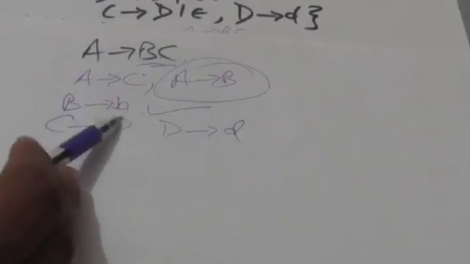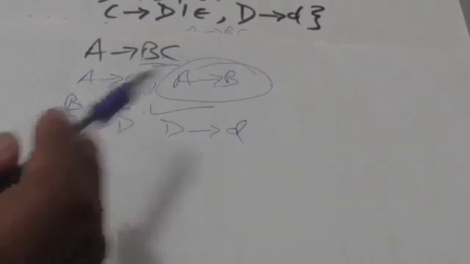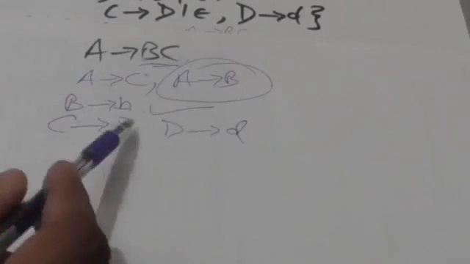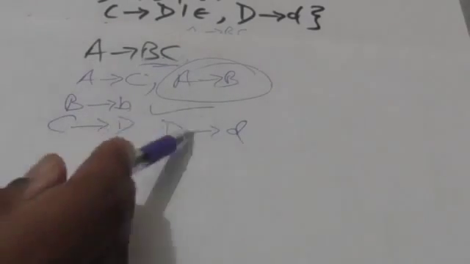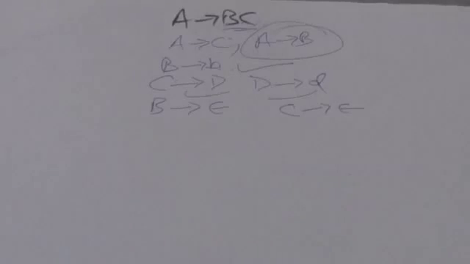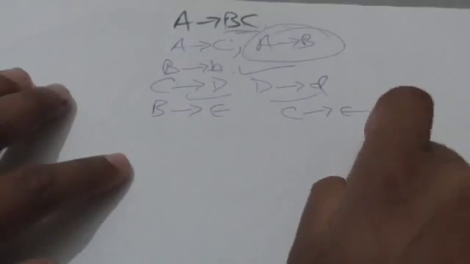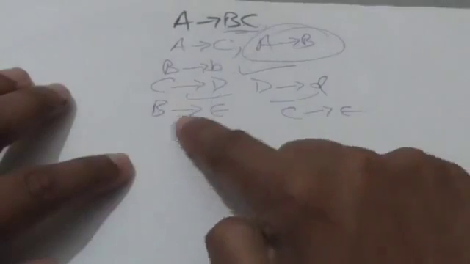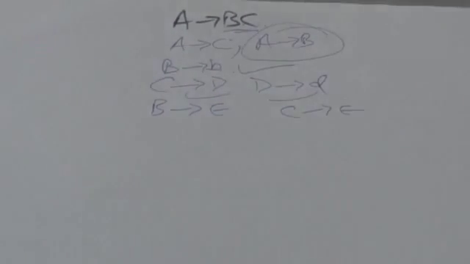These two productions do not have any nullable variable at the right hand side of them, so they will be added as it is to the set P2. Now see the productions B derives empty string and C derives empty string. These are empty productions. So these productions B derives empty string and C derives empty string will not be added to set P2.